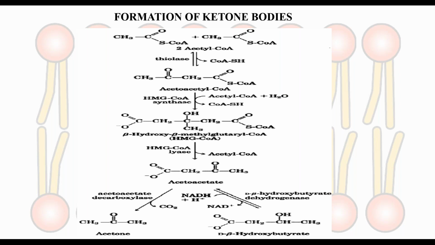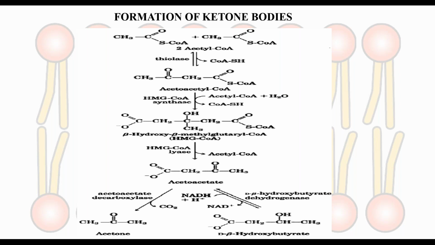If ketone bodies are present in the urine, it is an indication that kidneys are not functioning properly. So these ketone bodies which are formed in the liver are then exported to the different organs, so that they can give you fuel, or they can give you energy.